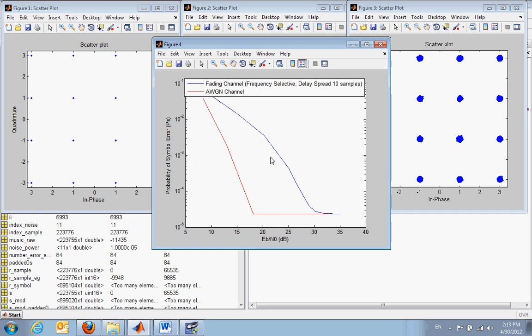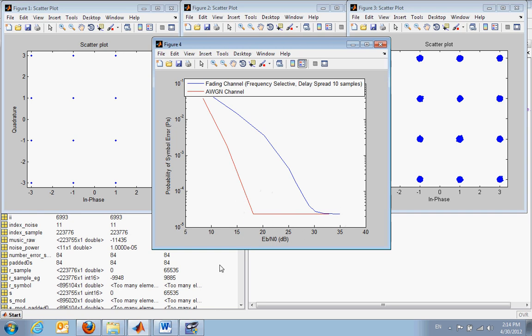Another interesting issue to notice here is that as the signal to noise ratio increases, under my simulation setup, the symbol error probability gradually converges to a constant value, approximately 10 to the minus 5. I have not mathematically proved this, but I think this is due to the channel estimation method I used in my simulations.